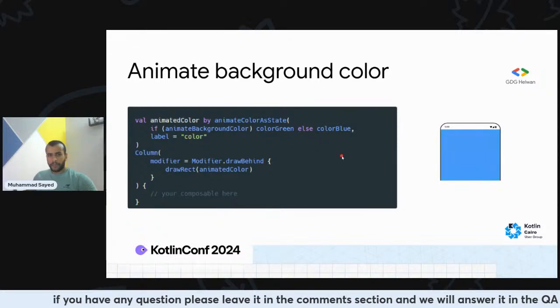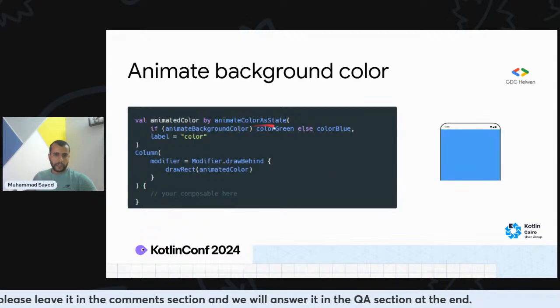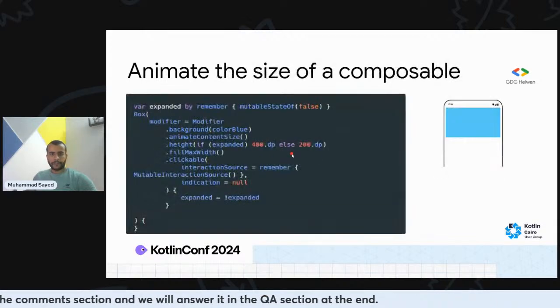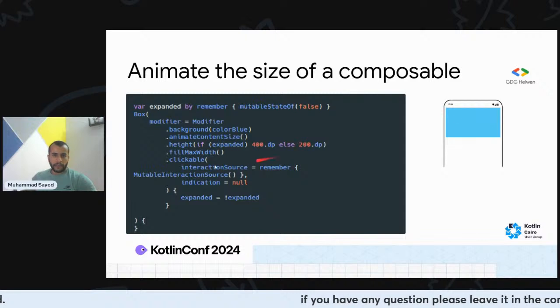So animating between two different values. Here we are animating color as a state.